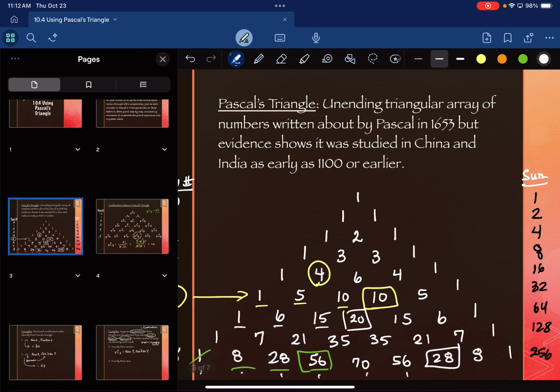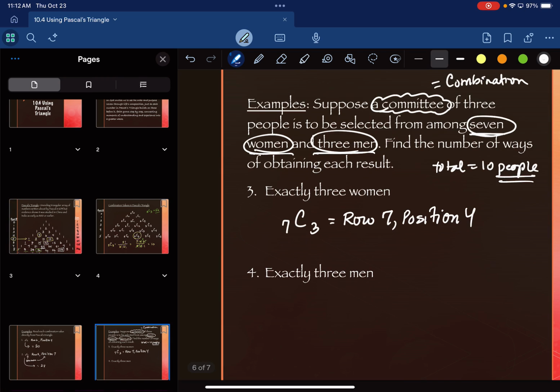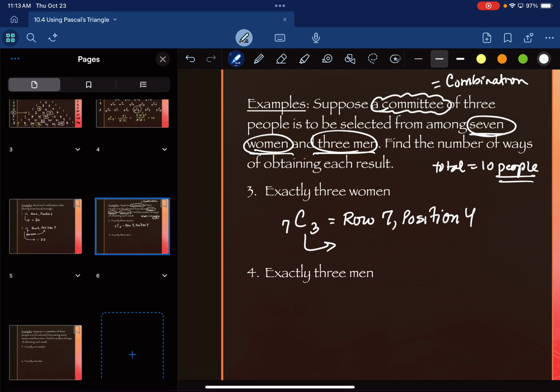We need row 7, position 4. 35. Is it the first 35 or the second, just for reference? It's the first one. Okay, row 7, position 4 is 35. So this value is 35. There are 35 ways of selecting 3 women to be on this committee.